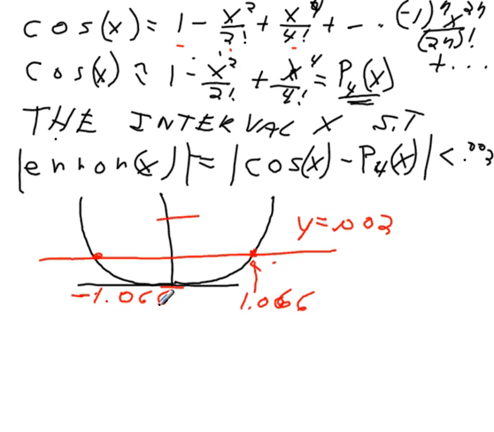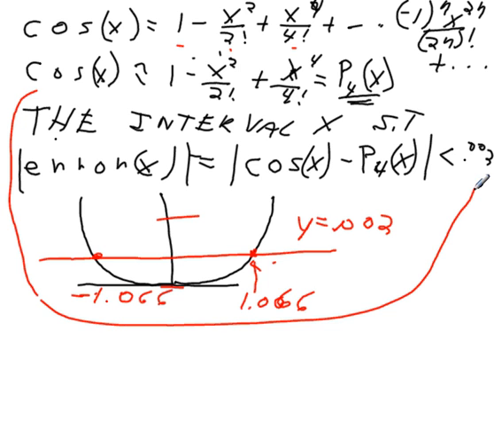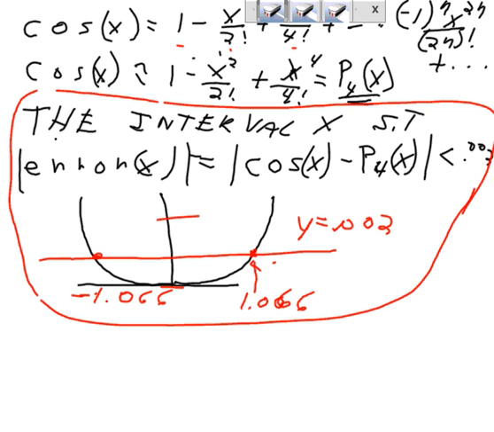Okay. Now, what if we did this, the entire thing, instead of using our calculator, we use the remainder theorem? What would the remainder theorem tell us? Well, let's look at that.